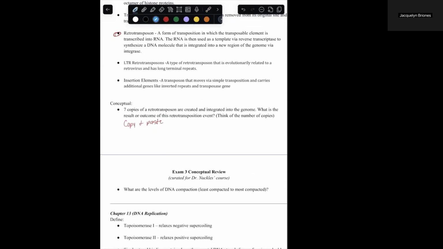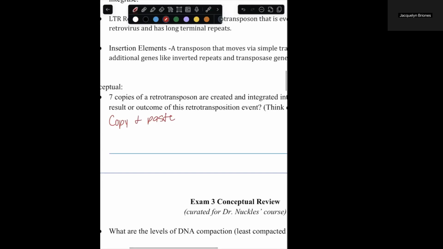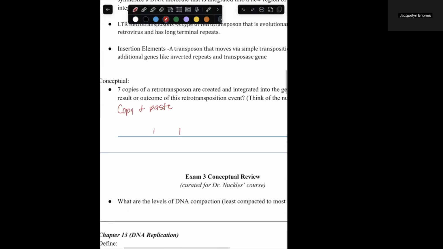So here's our DNA, right? And on this segment, this is our gene of interest. That little part is our gene of interest. So what happens in retrotransposition is that we copy it.